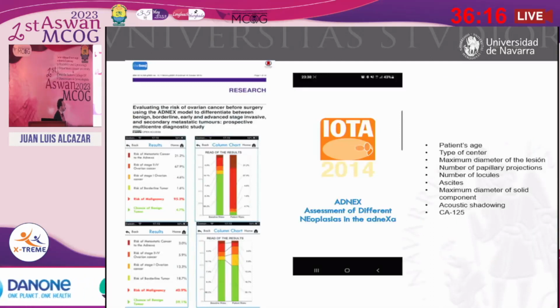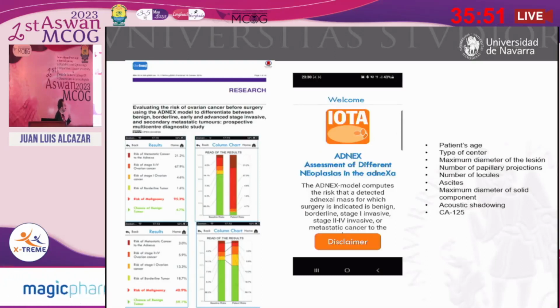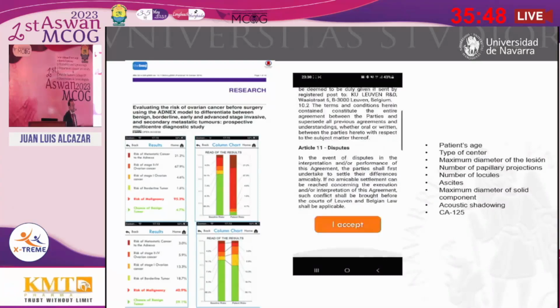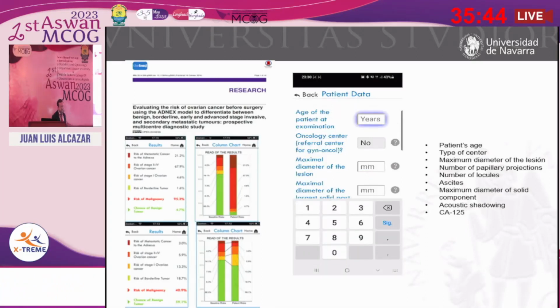And then we have the ADNEX model. The ADNEX model is a polytomic logistic model, not only for classifying the masses as benign and malignant, but also to try to establish the risk of the tumor being a borderline tumor, a stage 1 or an advanced stage of epithelial cancer, and a metastatic cancer. It's very easy to use. We can use this simple app in the smartphone, or we can go to the iota.org site to classify.